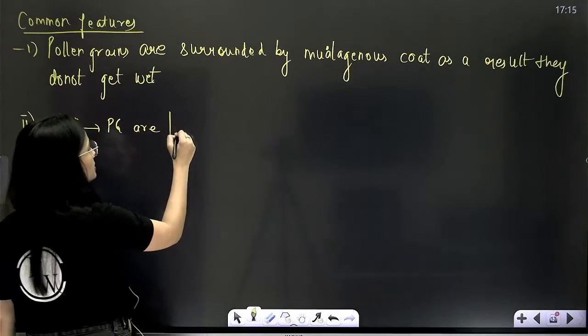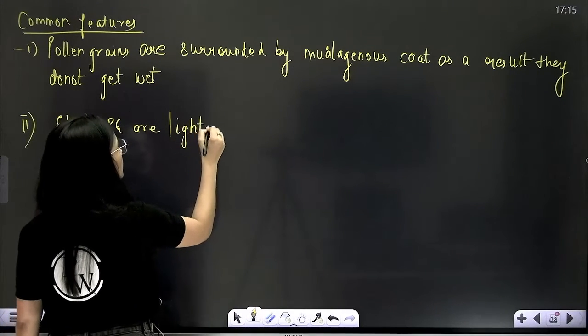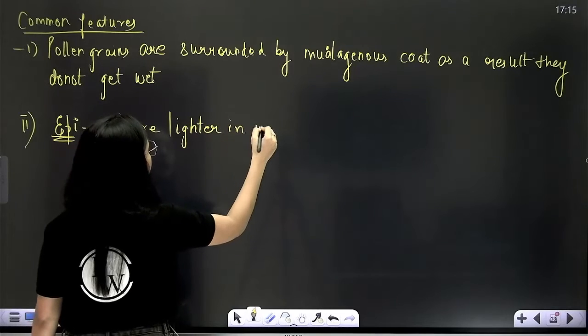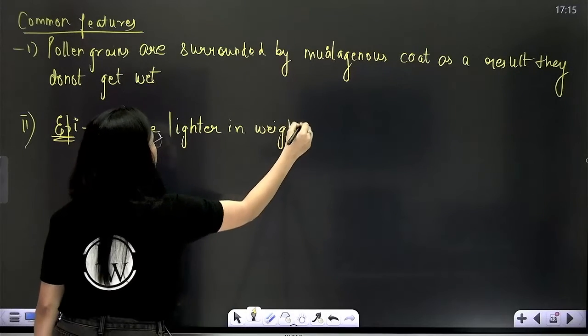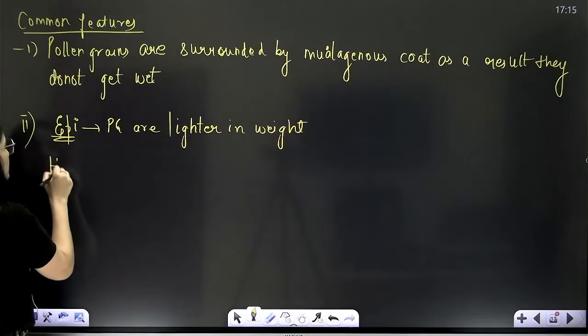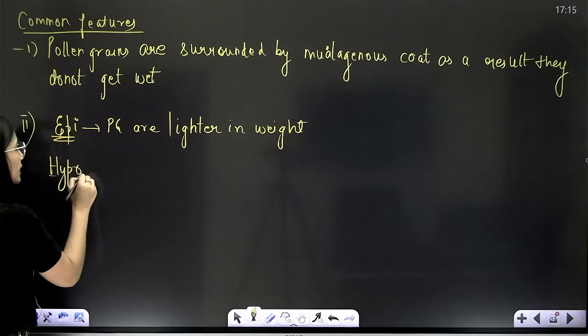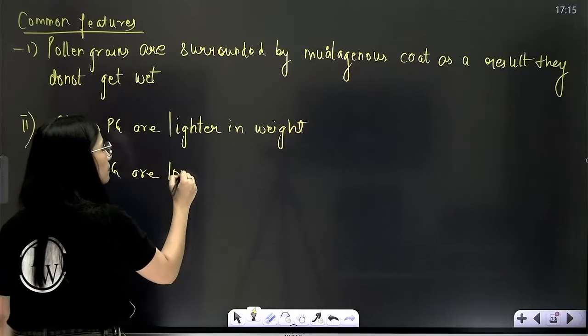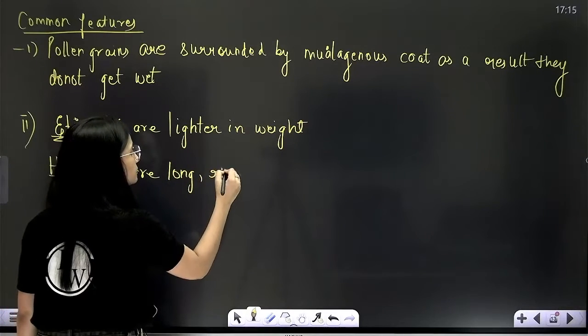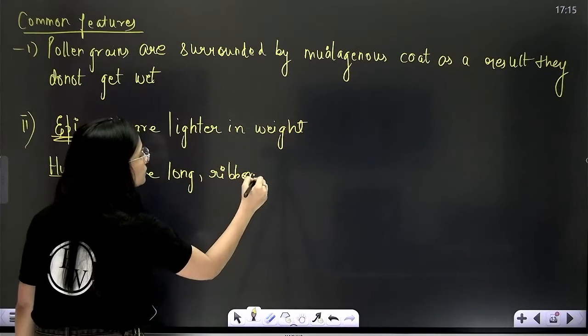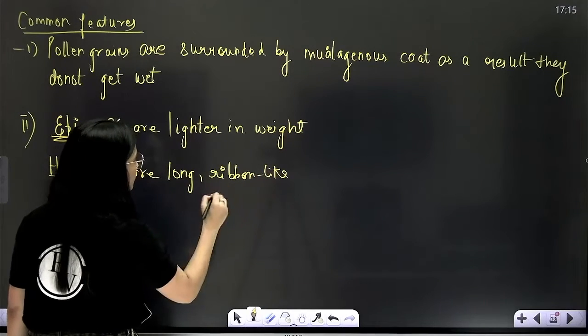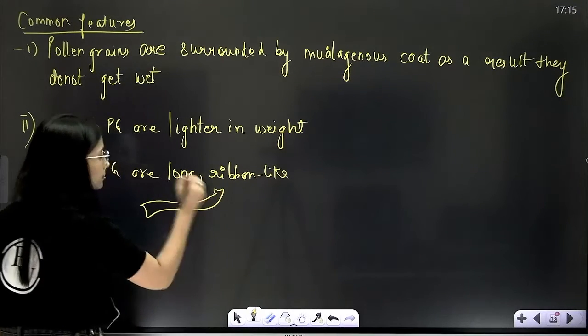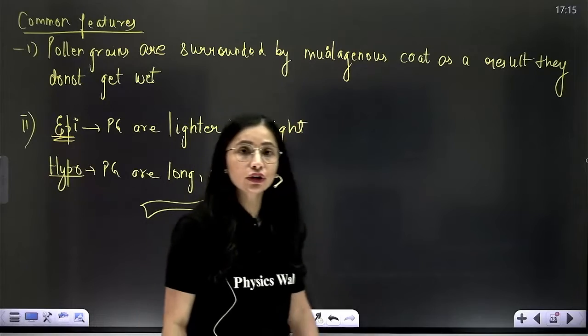Correct? If it is hypohydrophily, then pollen grains are long, filamentous, ribbon-like. Like this. Right? Yes or no?